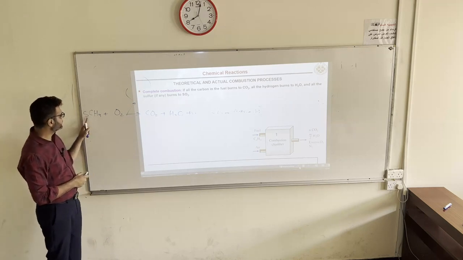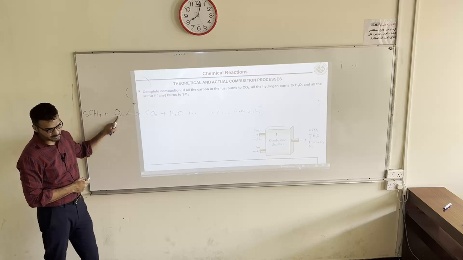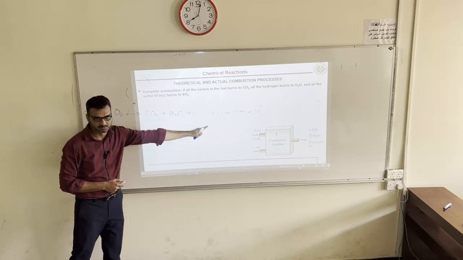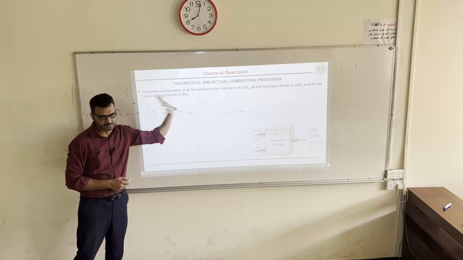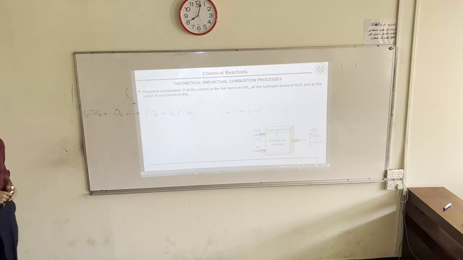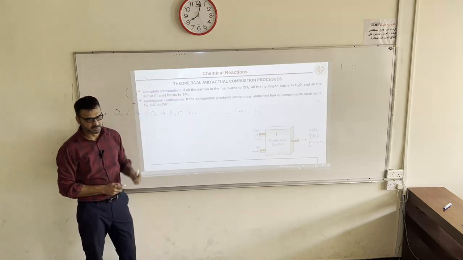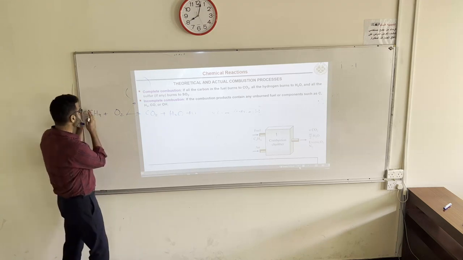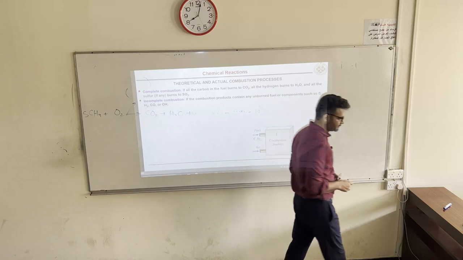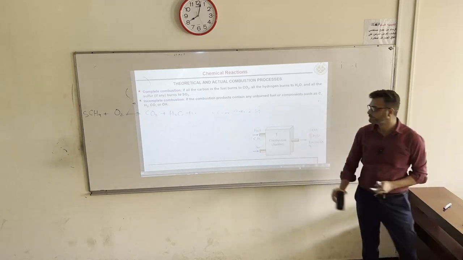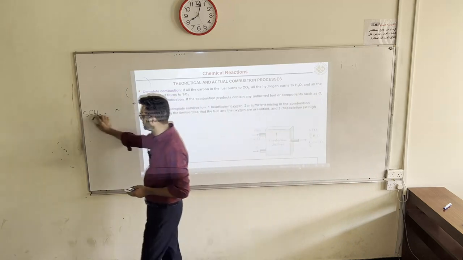Every element in this fuel reacts with oxygen to give you something. Nitrogen will not react, that will appear as it is for a good complete combustion. Incomplete combustion will have all these possibilities. You may have some carbon as it is, soot, solid carbon particles. That is called incomplete. The reasons for incomplete combustion are so many.